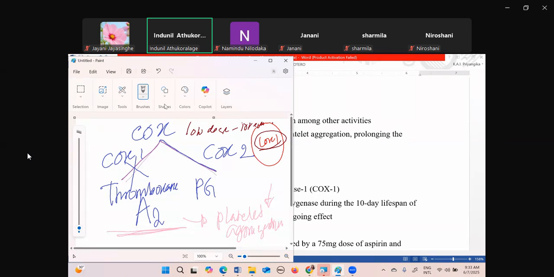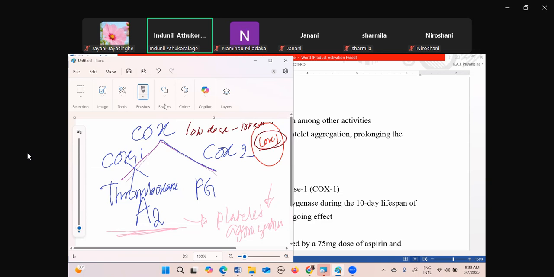When it is bound irreversibly, that COX enzyme cannot be used again. If it is reversible, when it is detached, the COX enzyme can be used. But irreversible means you can't reverse it. When the aspirin molecule is bound to the COX enzyme, it is there forever. So it will take 10 days to produce new COX enzyme, right?